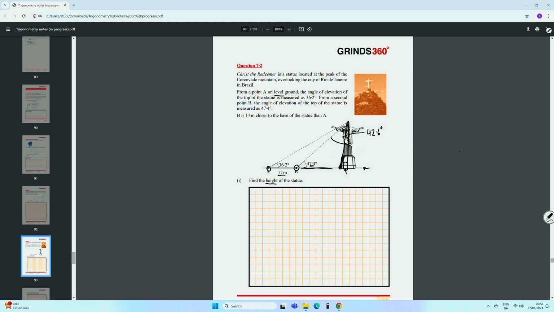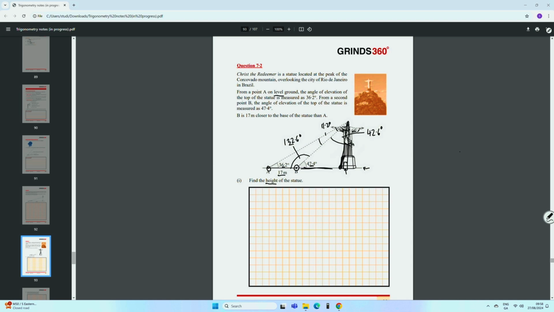And again, because the ground is level, it's a straight line, it means that this angle here and the 47.4 make up a straight line. So subtract 47.4 from 180, we get that angle there is 132.6 degrees. And then if I subtract these two angles here from 180, I can get the last remaining angle in that triangle there, which ends up being 11.2 degrees. And I'm asked to find the height of the statue, which is this height here.